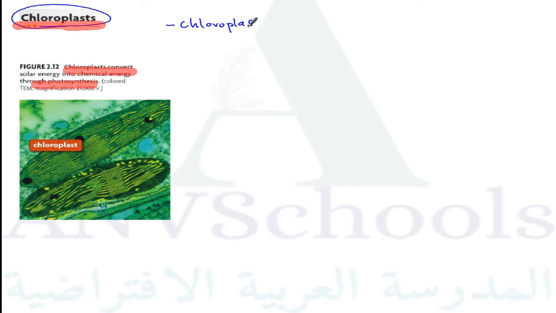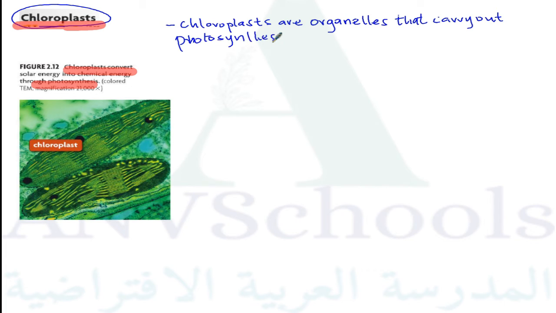Chloroplasts are organelles that carry out photosynthesis. So you can see how essential they are.